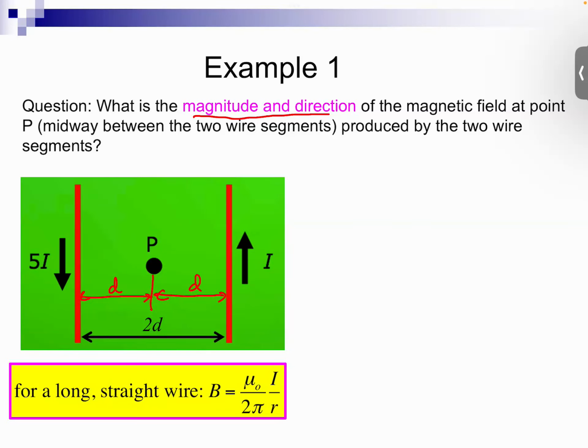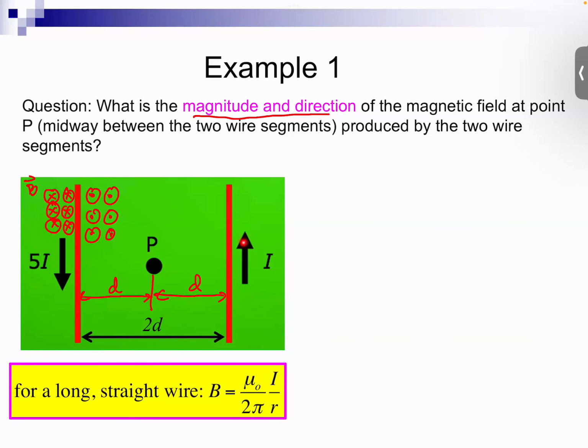That means on the left side of the 5I current, the magnetic fields are pointing into the page, and on the right-hand side of the wire, the magnetic fields are pointing out of the page. Your fields go around the wire in circular loops.